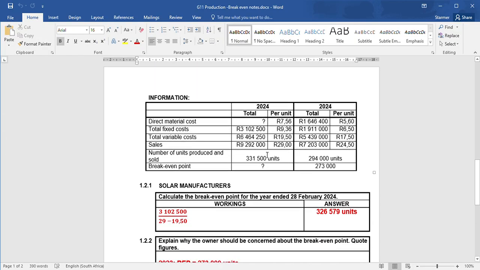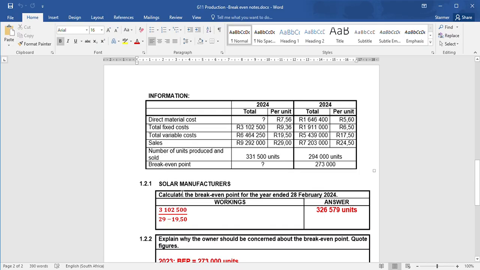So we take our total fixed costs here of 3,102,500 divided by the 29 Rand is your selling price minus your variable cost of 19.50. Those two subtracted will give you your profit. And then you divide that out, and you end up with this number of units.